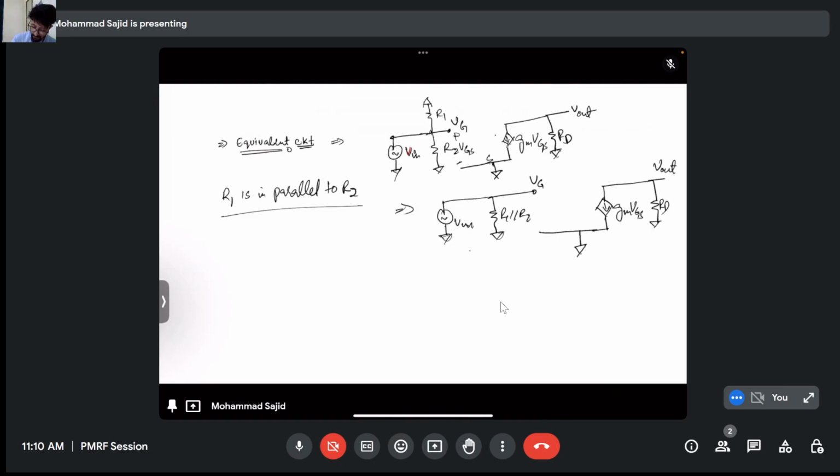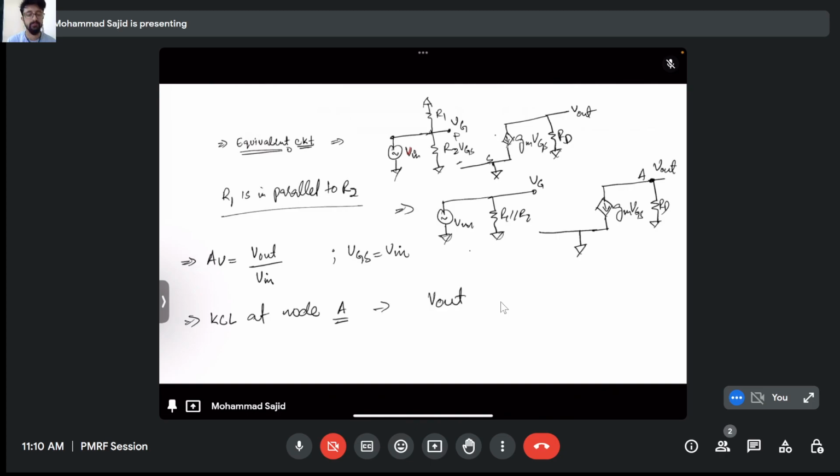Okay. So we have to find the gain, that is V output by V in. Here VGS will be equivalent to V in. Now look at this node. Let's say it is node A. We'll write KCL at node A. What will we write?